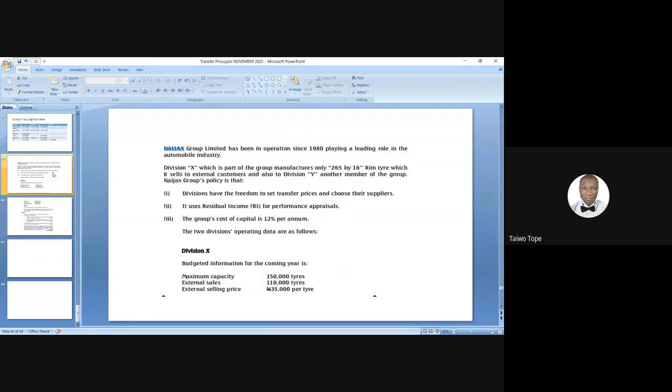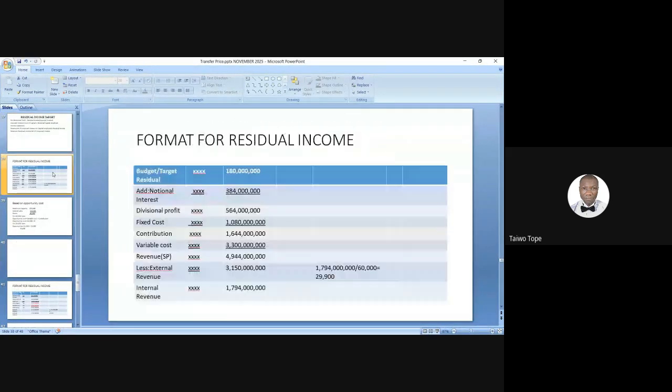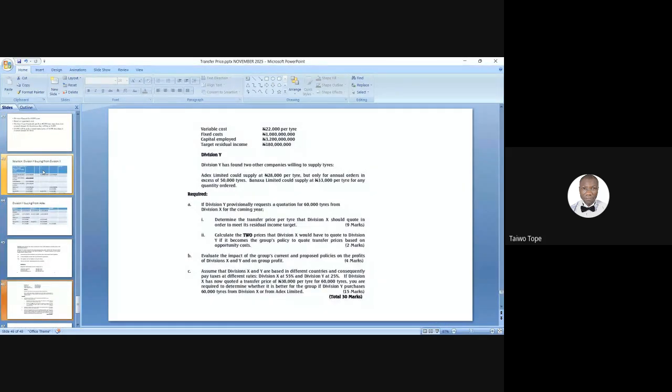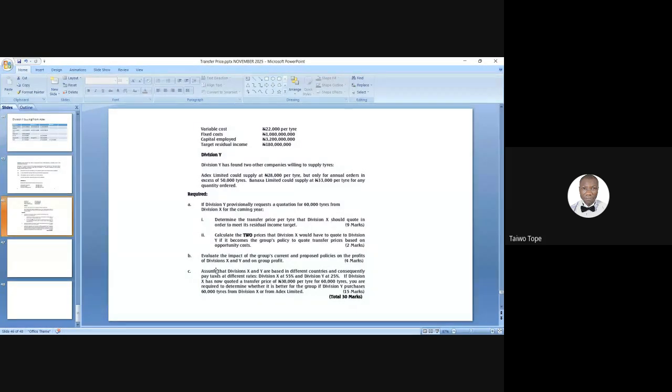The transfer price based on the residual income target is 29,900. But if you look at the question, division Y has the option of buying from two other suppliers.